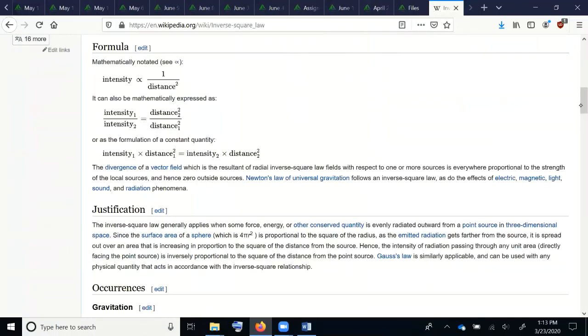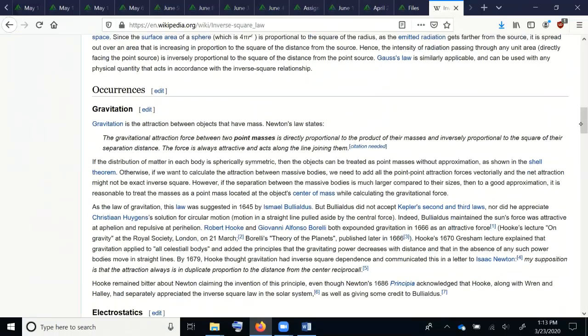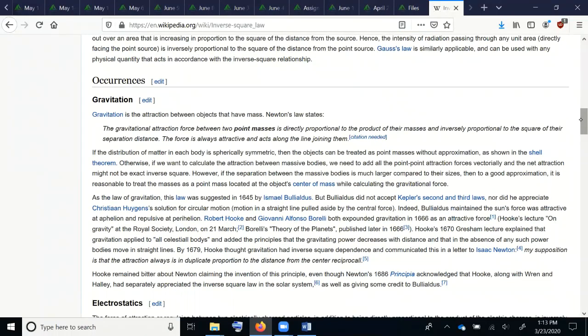So scrolling down a bit, it says, for example, that if you're dealing with the strength of gravity, the force of gravity gets weaker as you move further and further away from the source of that gravitation. For example, as you move further and further away from the center of planet Earth, the force of gravity on your body becomes weaker.